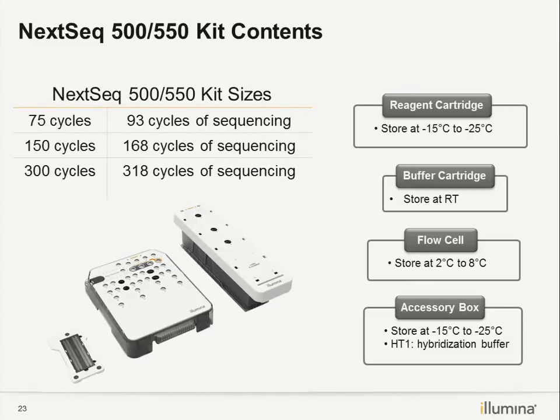Say 8 cycles for index read 1 and 8 cycles for index read 2. That's 16 cycles. And the extra 2 cycles is for phasing and pre-phasing calculation. I will talk about that in tomorrow's session. Basically, if you want to sequence your insert 2 times 150, then I want you to input 2 times 151. I want one more cycle for each read, for phasing pre-phasing calculation.